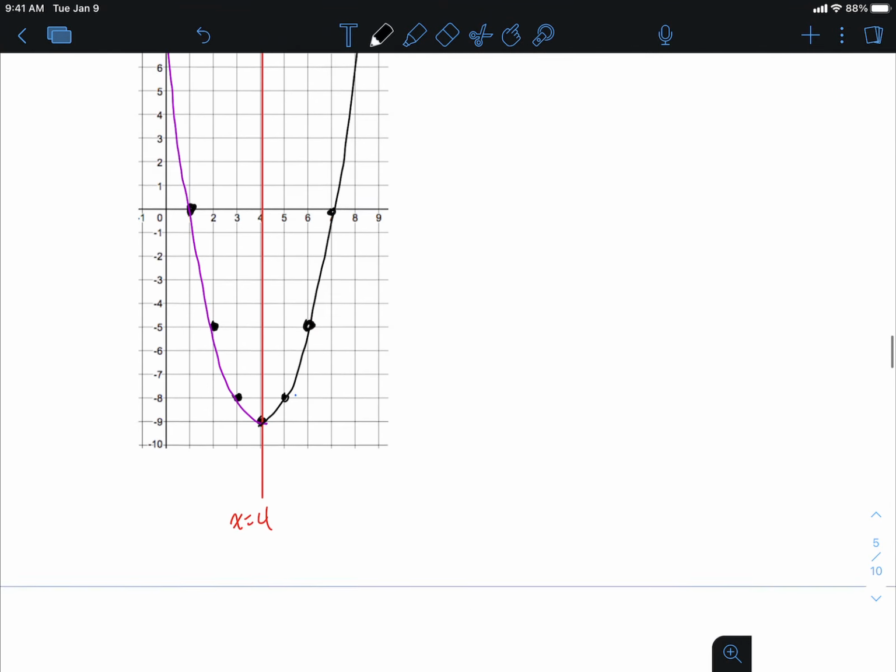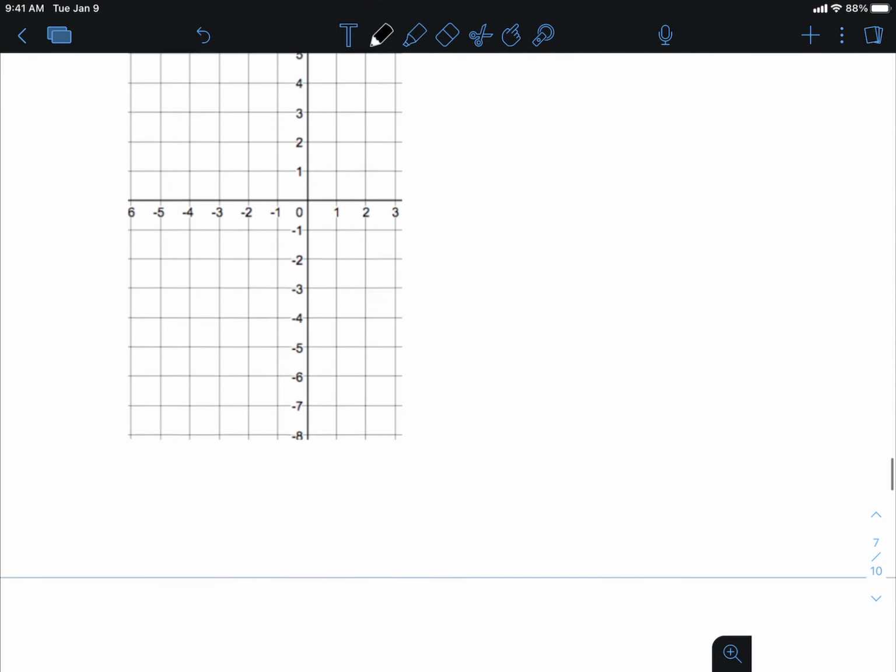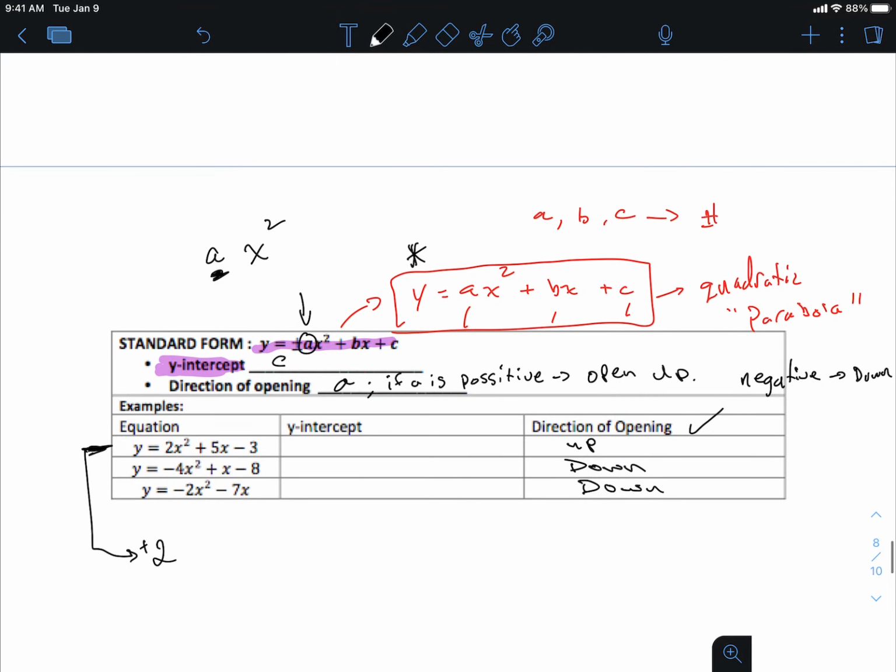When looking at this form of a parabola, there's a very small amount of information that we're able to find. It's not that it's useless, it's just a small amount of it. I can find these two things from this equation, but there is lots of other information that we can find relative to a parabola. That's what the two other forms exist for, and that's what we're going to see as we move through here. I'm going to show you the other two forms.